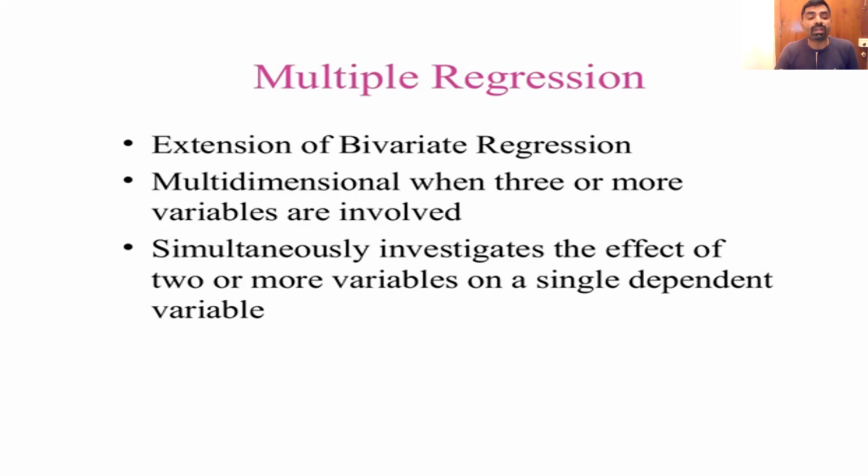But in multiple regression, which is an extension of bivariate regression, it is multi-dimensional. When three or more variables are involved at a time, multiple regression can be used. It simultaneously investigates the effect of two or more variables on a single dependent variable. That is possible with the help of multiple regression.